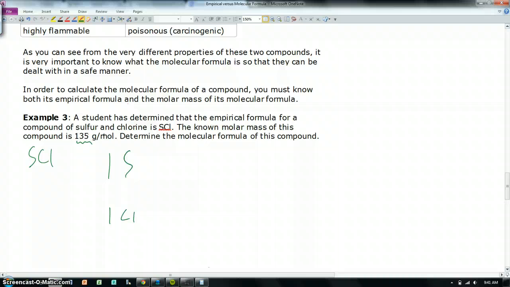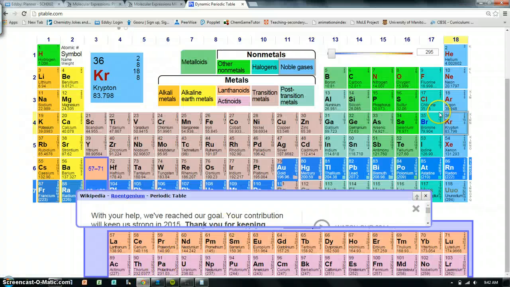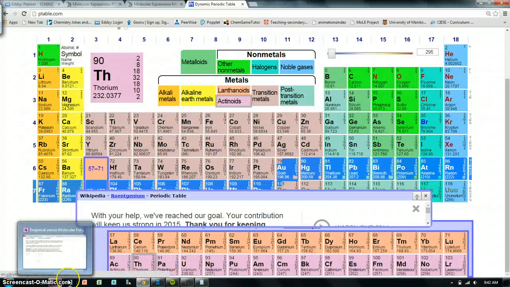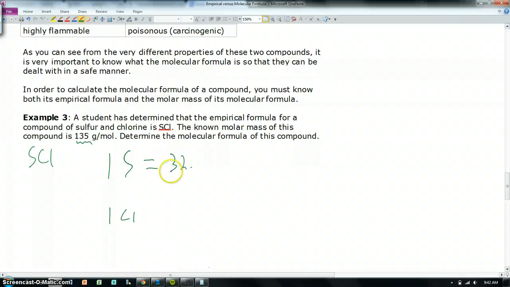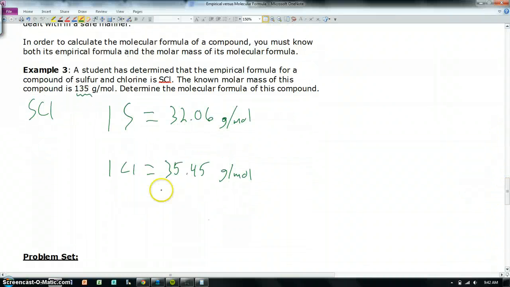So if we determine the molar mass of the empirical formula, so if 1 sulfur atom is equal to our 32.06, and chlorine has a 35.45 molar mass, we can add these up and determine the molar mass of the empirical formula. So we have a 57.51 grams per mole molar mass of the empirical formula.